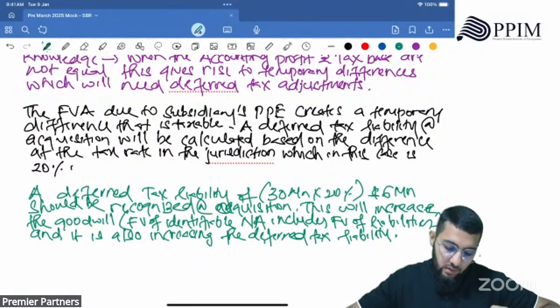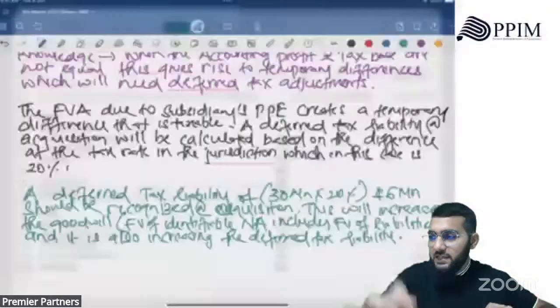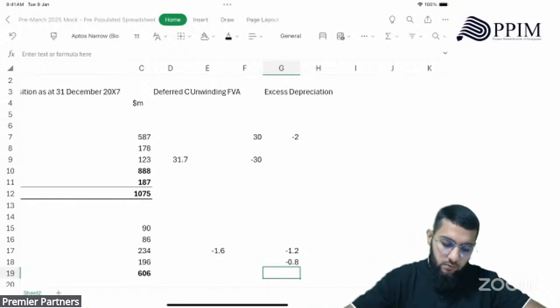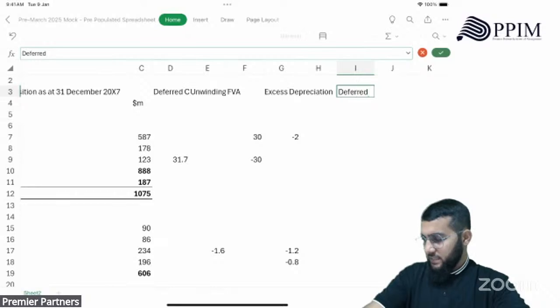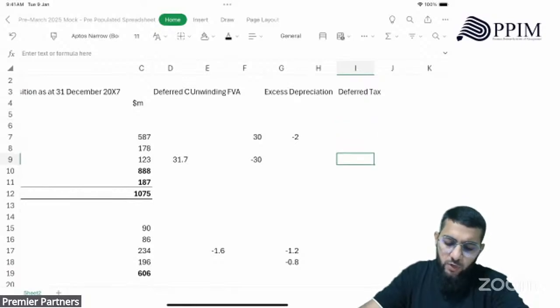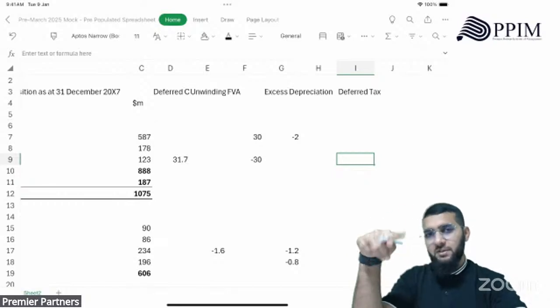Okay. So now this adjustment also, we can go and do that. We have the deferred tax adjustment here. Deferred tax will increase our goodwill. Why? Because that's reducing identifiable net assets, right? So when that reduces the identifiable net assets, that increases goodwill.